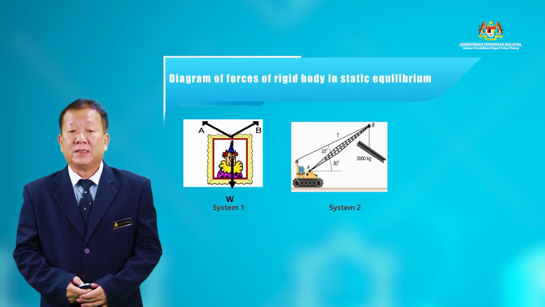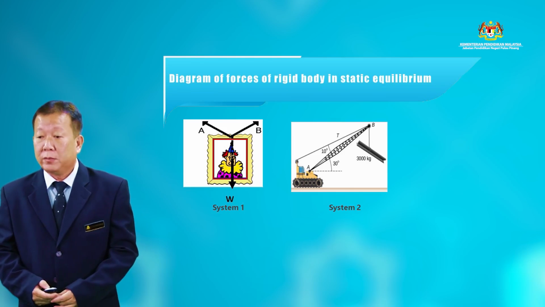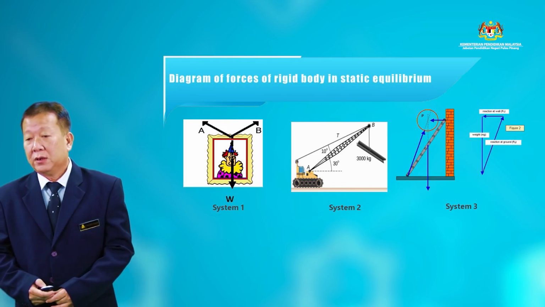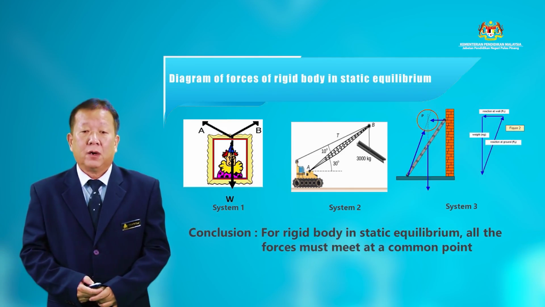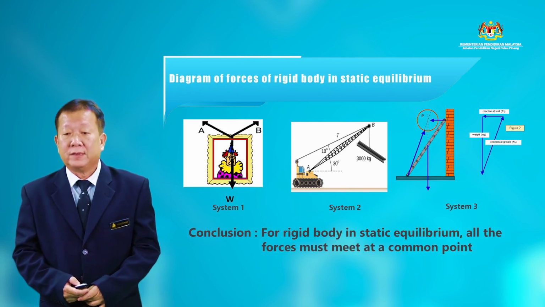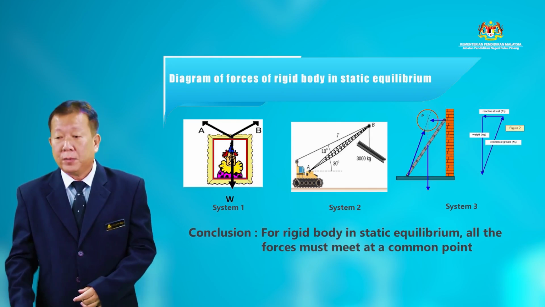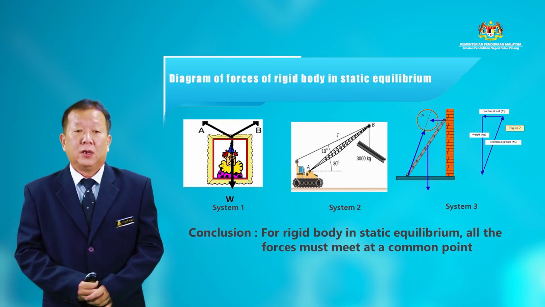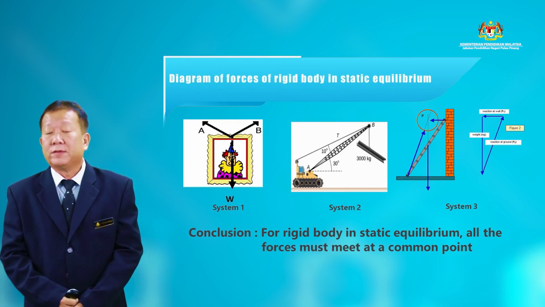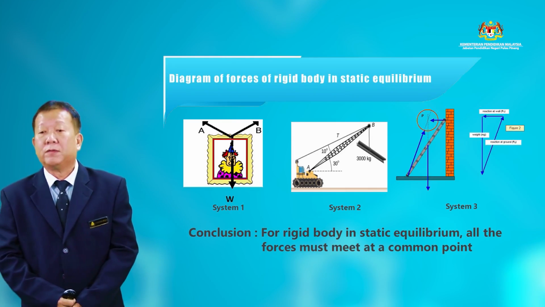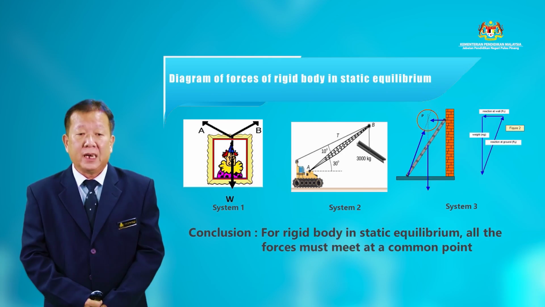These are some examples of static equilibrium of a rigid body. We can conclude that a rigid body is said to be in static equilibrium if all the forces act on a common point.